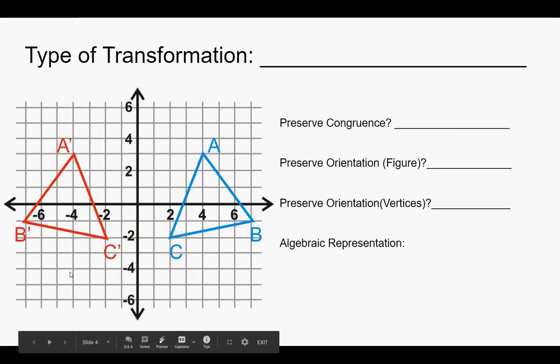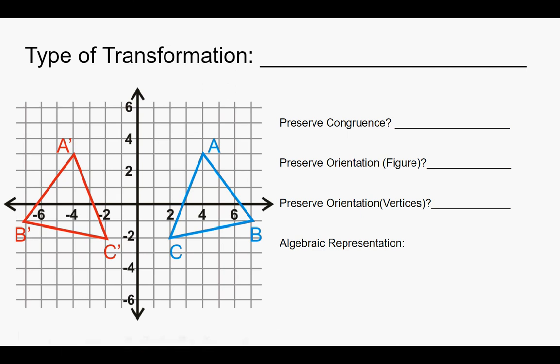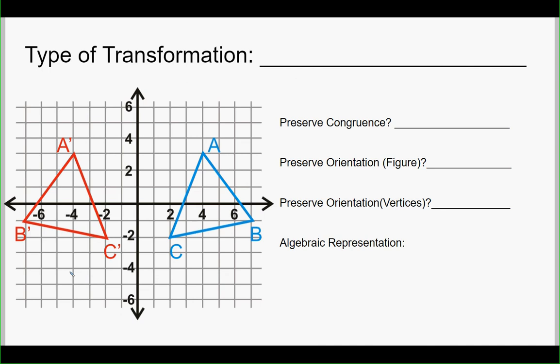What type of transformation is this? It's a reflection. What's another word for a reflection? Mirroring. Mirror image. Yes, it's a mirror image.